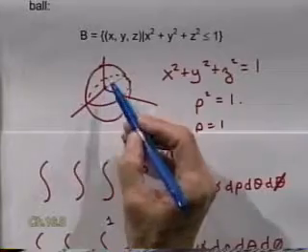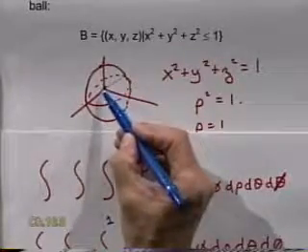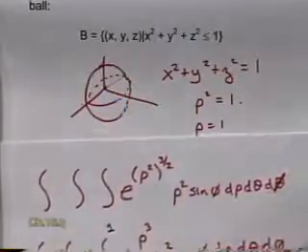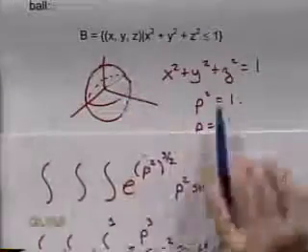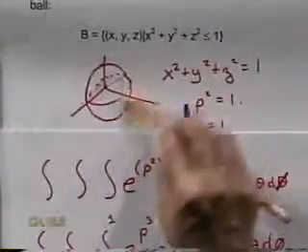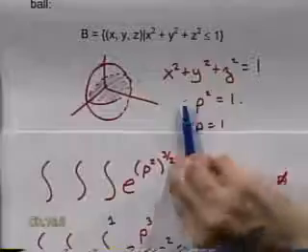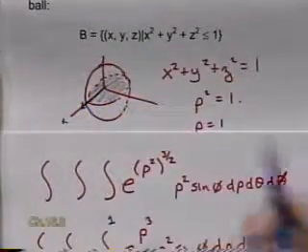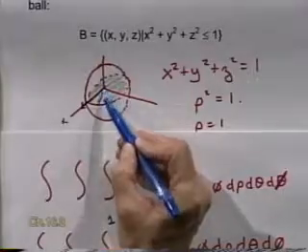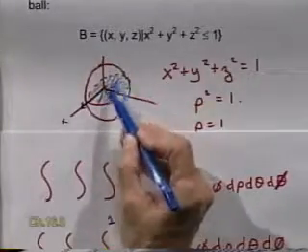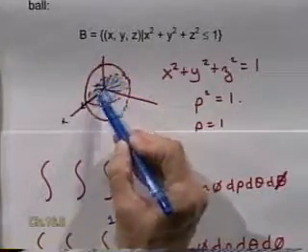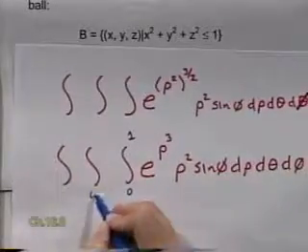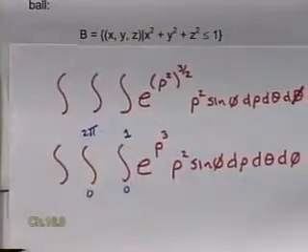Theta is the angle that you make with the positive x-axis. Or you could go look at your base if you want. Here's your base. This is the positive x-axis, so here is theta equals 0. And as you can see, it has to rotate all the way around, back to 2 pi. So theta is going from 0 to 2 pi.